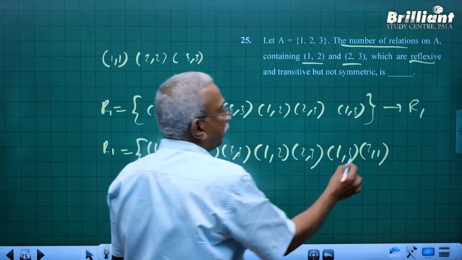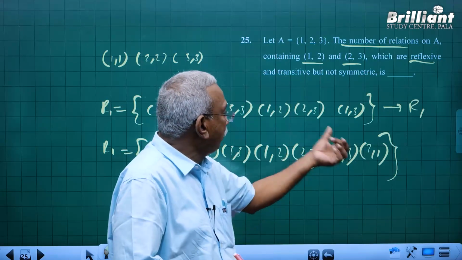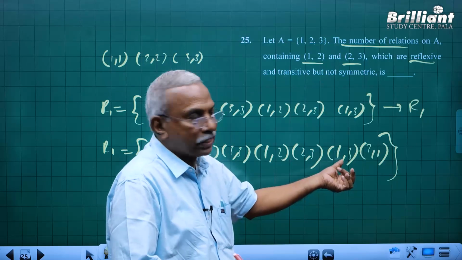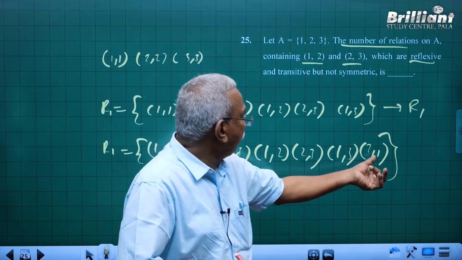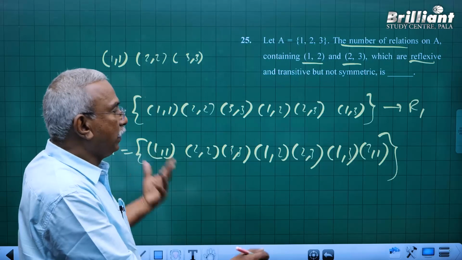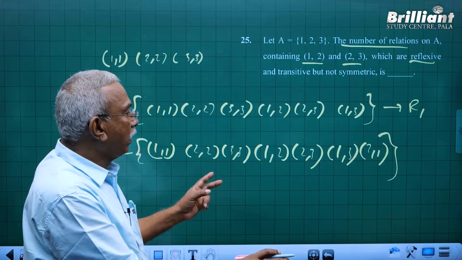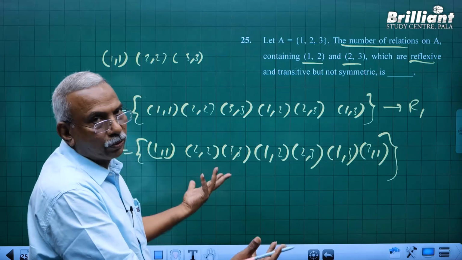That means this (1, 2) and (1, 3) will be clubbed to form transitiveness, and (1, 2) and (2, 1) will give you (1, 1). So it is transitive. Because there is no (3, 1) and no (3, 2), it is not symmetric.